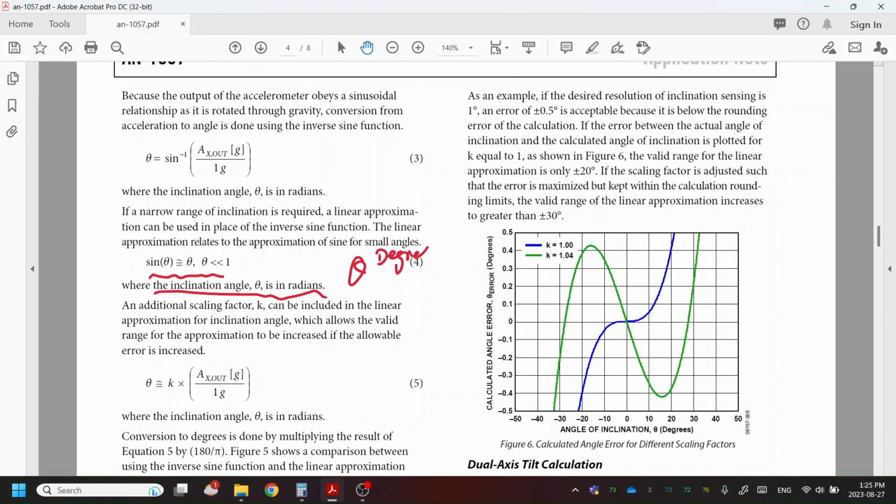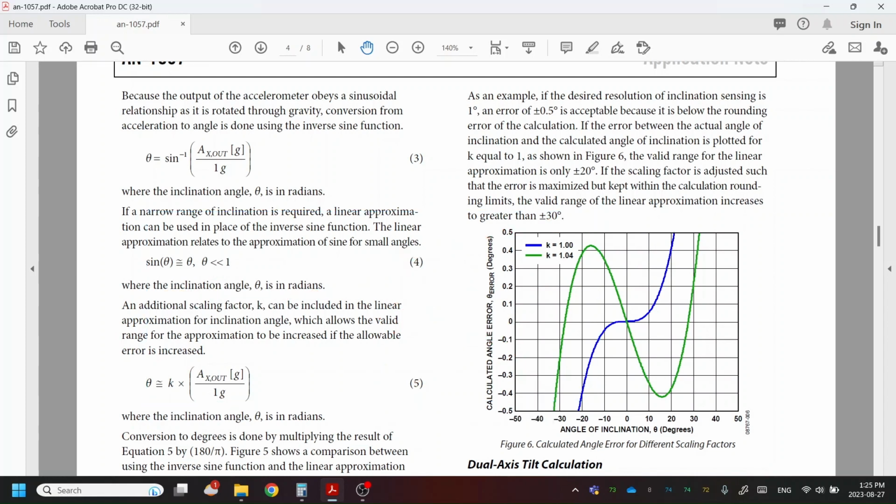How do you turn degrees into radians? You take the degrees, divide by 180 degrees, and multiply by pi. If it's 30 degrees, you divide by 180 times pi, so 30 degrees is pi divided by 6 in radians.